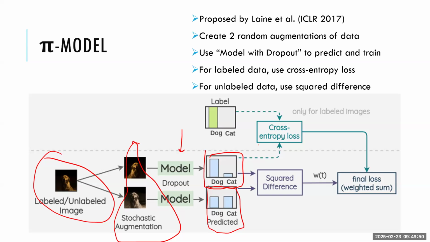So for labeled images, we use cross entropy. Why do we use cross entropy loss? Because we know the answer. We know the correct answer. So if we know the correct answer, you want the prediction to have a similar probability distribution to the correct answer. That's why we use cross entropy loss.